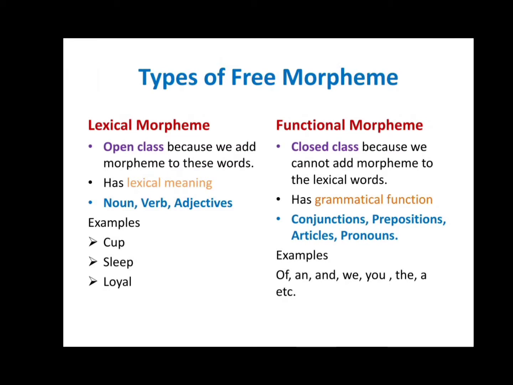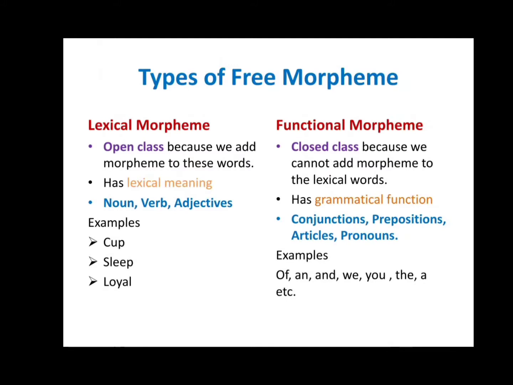Next, we discuss the functional morpheme. What is functional morpheme? Functional morpheme is a closed class because we cannot add morphemes to these words. It has grammatical function like conjunction, preposition, articles, pronoun. These words show grammatical aspects and grammatical relationships in sentences.